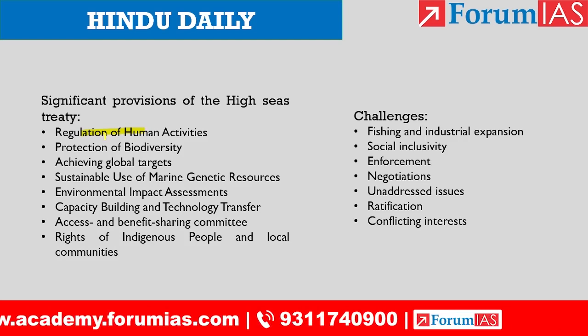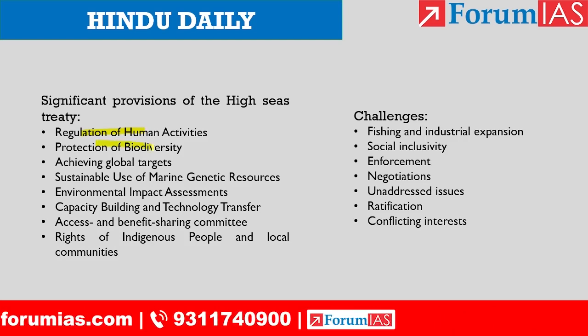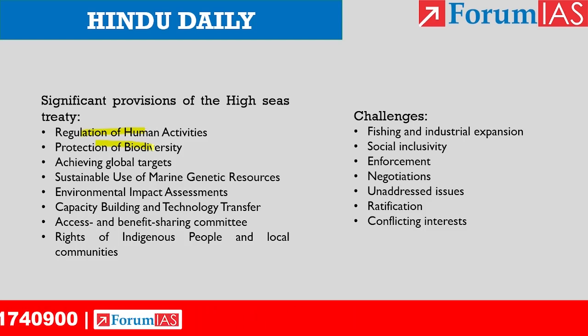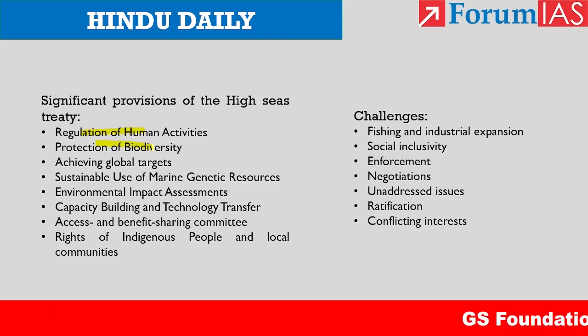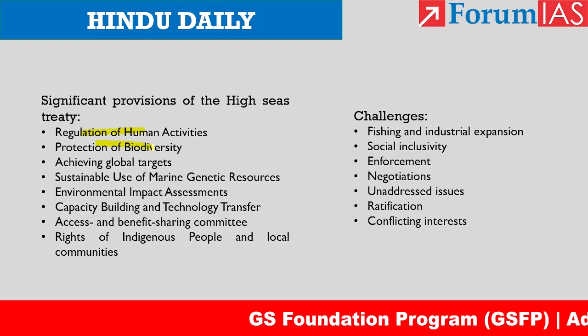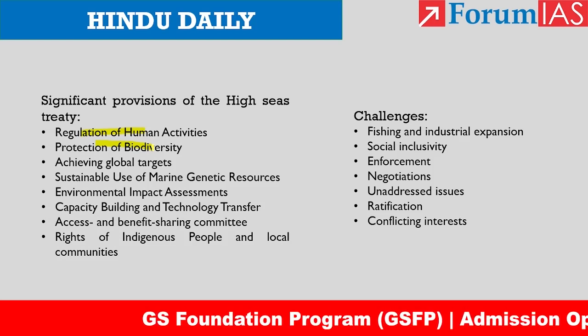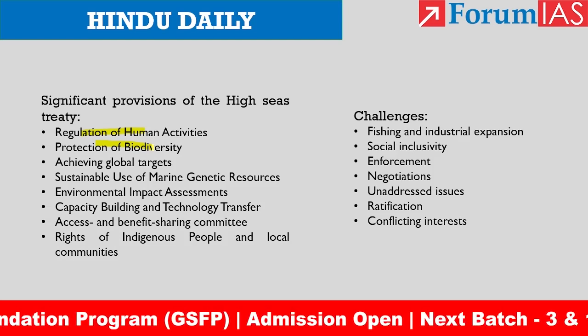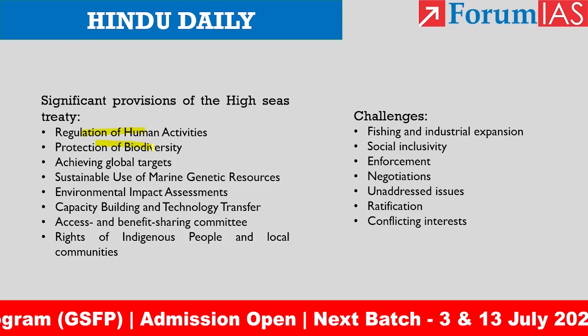Then the second factor is the protection of biodiversity. The treaty seeks to protect the biodiversity of the high seas, which is home to about 2.2 million marine species and up to a trillion different kinds of microorganisms. So the creation of marine protected areas will ensure that ocean systems, including biodiversity, are not under stress either due to human activities or climate change.